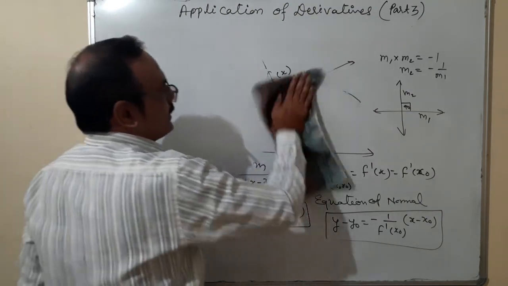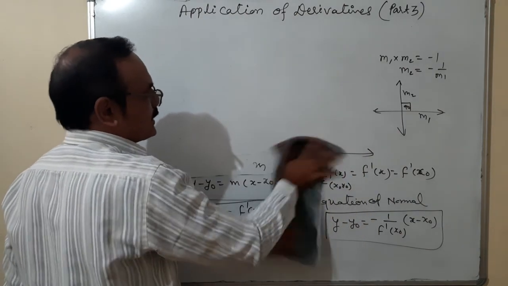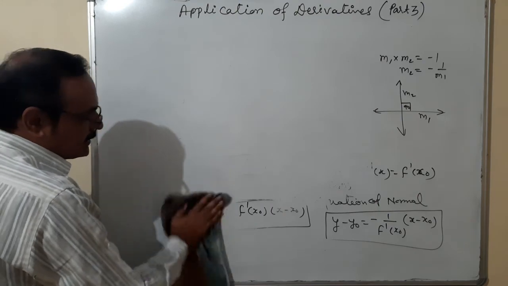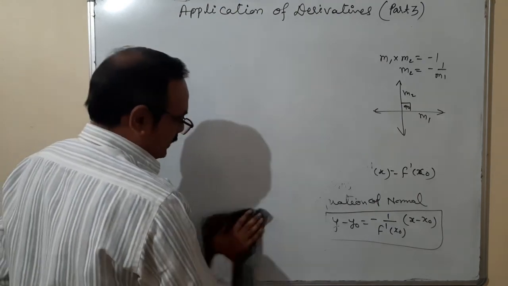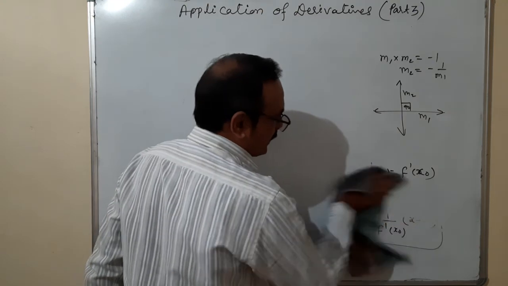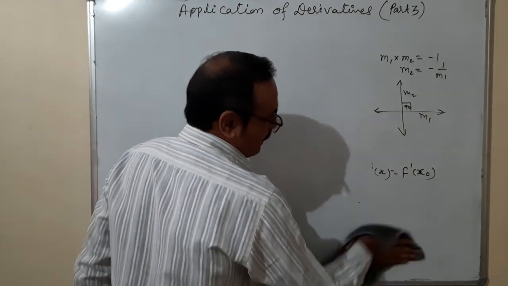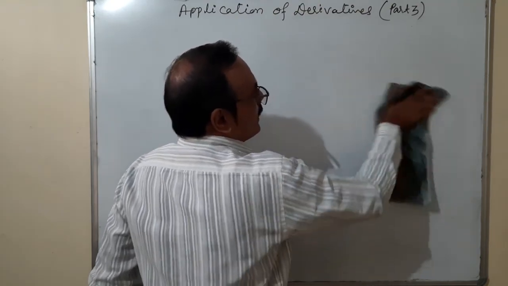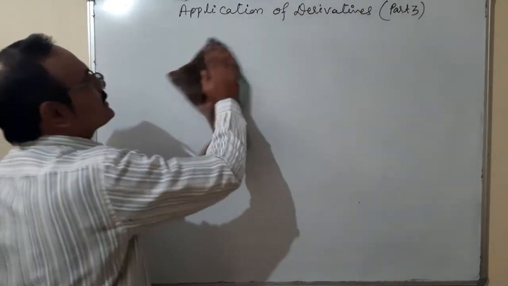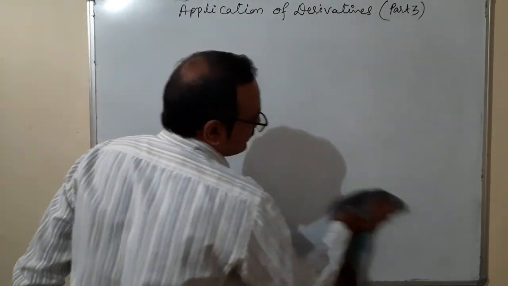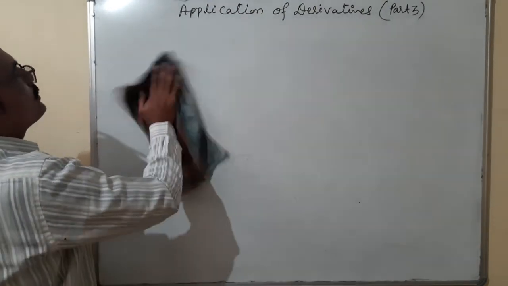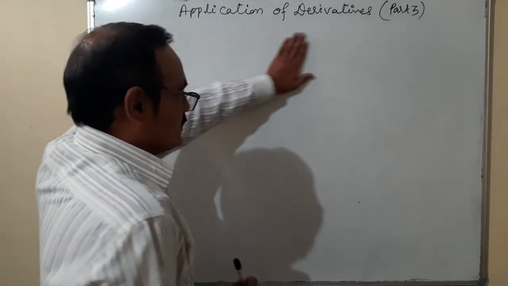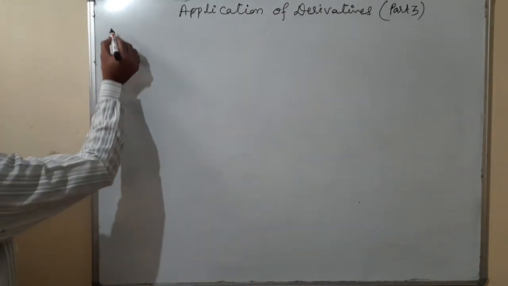Only remember this thing: if a tangent is parallel to the given line, and you know that if two lines are parallel to each other, their slopes are equal, and if two lines are perpendicular to each other, the product of their slopes is equal to minus 1. So these things we have to keep in our mind.